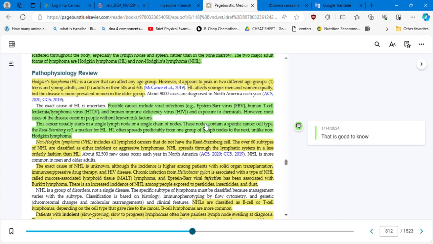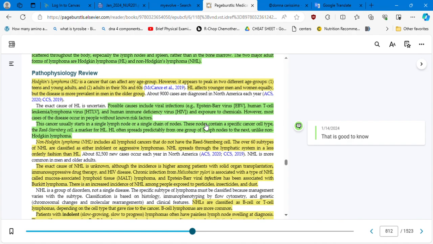Also, another cause would be the human T-cell leukemia lymphomas, and the HIV, exposure to chemicals, not only because you are living next to a factory, the water is going to be a risk factor, maybe because you are walking in a place where smoking is permanent. Those are not the only risk factors, but also your exposure to chemicals.